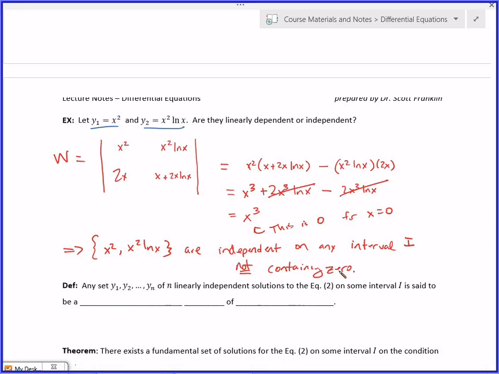They are not independent everywhere on the whole real line. For example, if for some reason I wanted to describe the solution to the differential equation over the interval from 0 up to some number r, they would be independent on that interval.